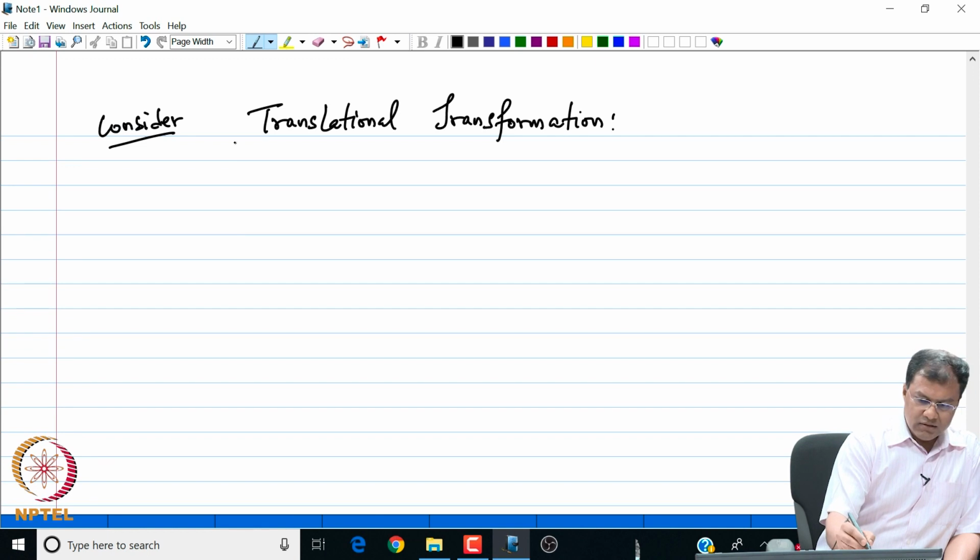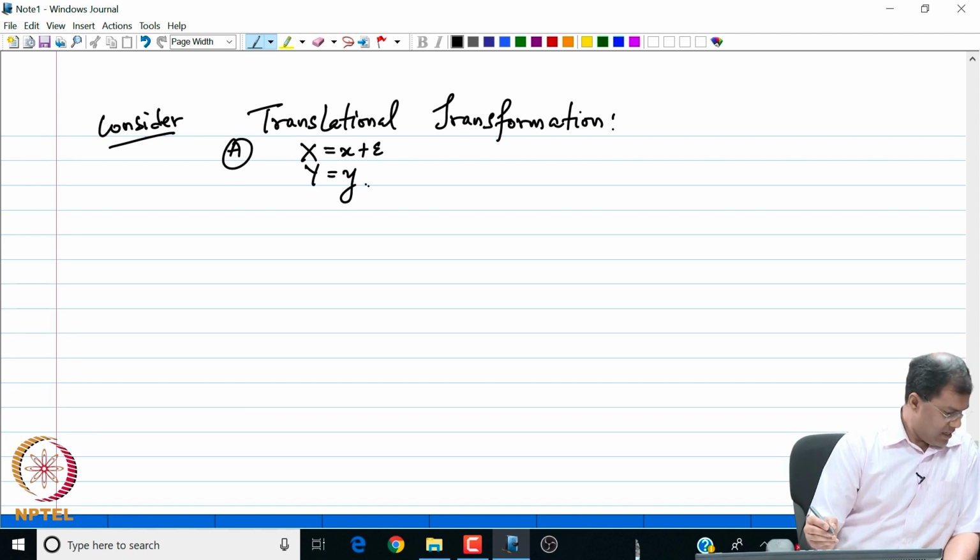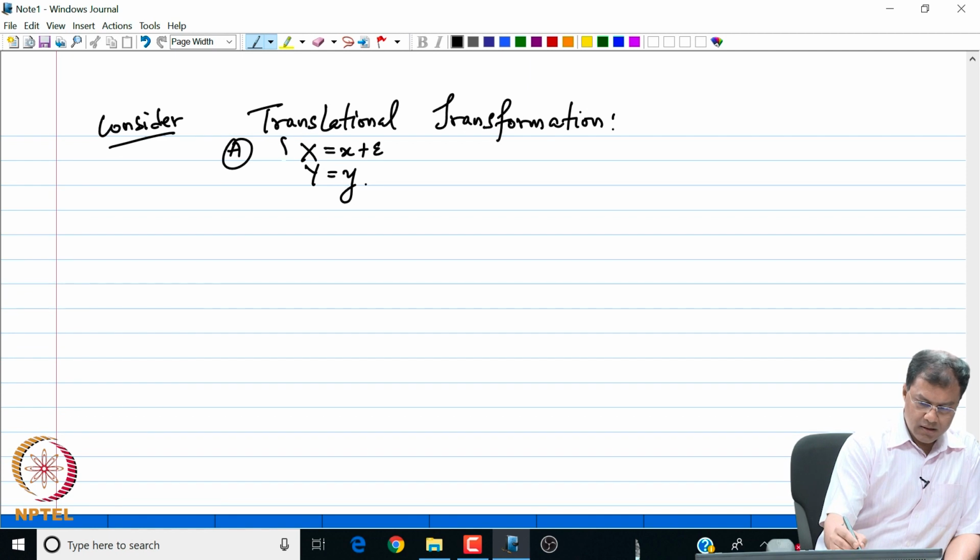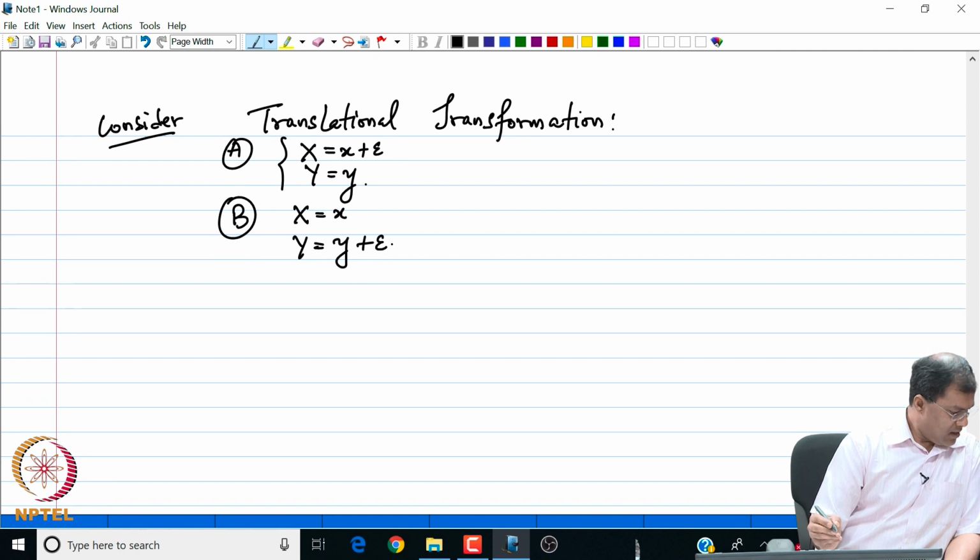We consider the functions of the form X is equal to x plus epsilon and Y is equal to y, right. And I consider another transformation, X is equal to x and Y is equal to y plus epsilon, right.